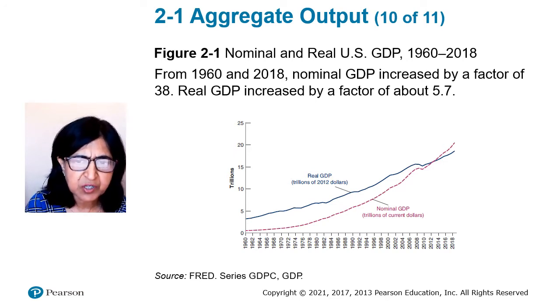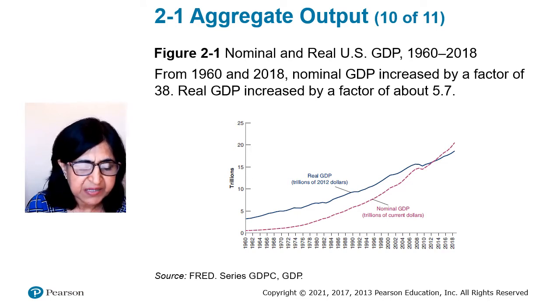The first curve is labeled as real GDP in trillions of 2012 dollars and rises from $3.3 trillion in 1960 to $18.7 trillion in 2018. The second curve is labeled as nominal GDP in trillions of current dollars and rises from $0.54 trillion in 1960 to $20.6 trillion in 2018.